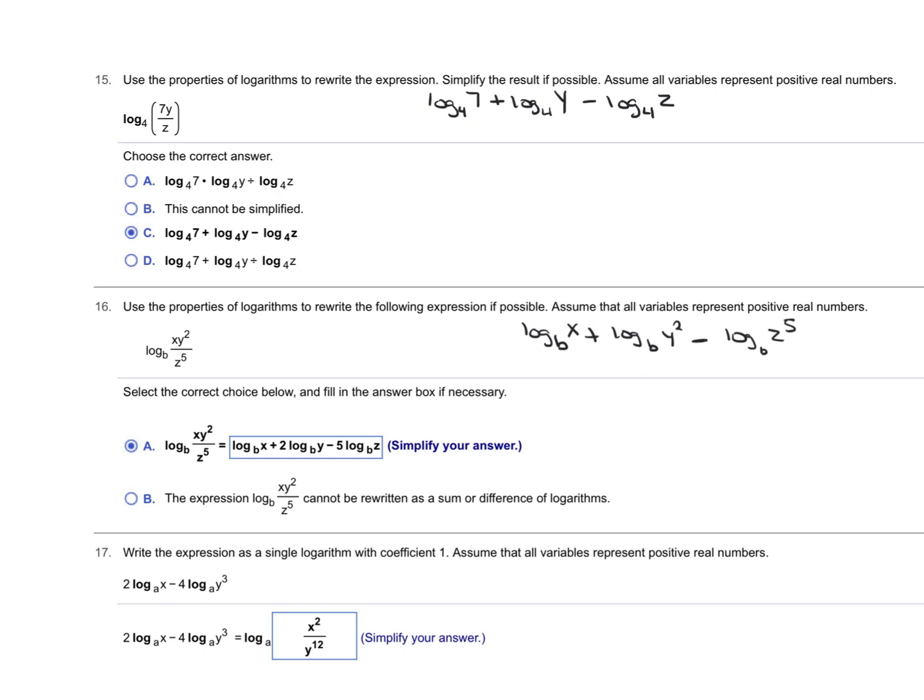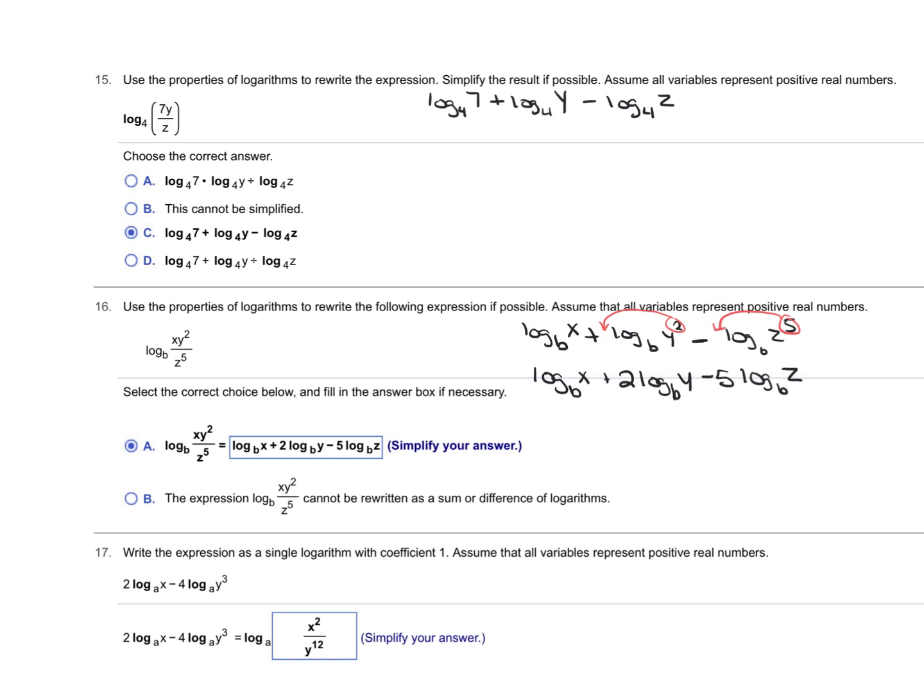Now we're going to deal with these exponents. Remember that an exponent can be moved to the front. So now I have log base b of x plus 2 log base b of y minus 5 log base b of z.